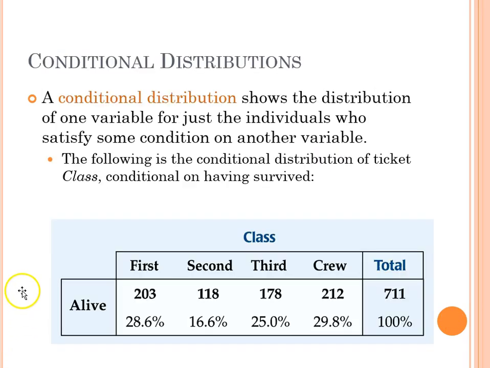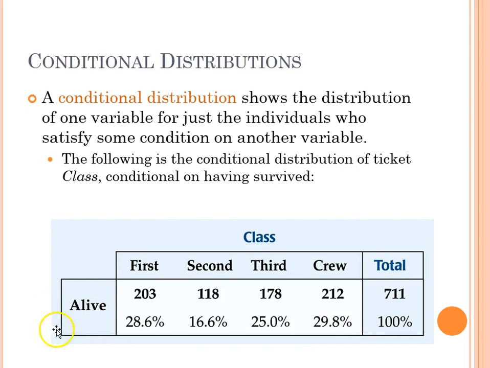When we were dealing with conditional distributions before, remember that we looked at the passengers in the Titanic, and we specifically conditioned upon whether or not the passengers survived. And this gave us a different distribution as to what class members were in each class, first, second, third, or fourth. If we just looked at the passengers that did not survive, then this distribution would look different.